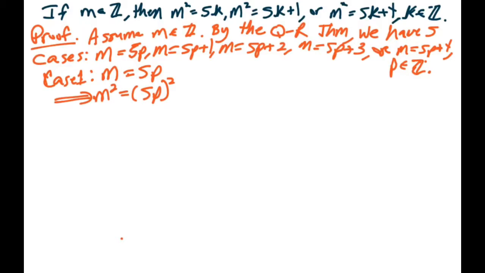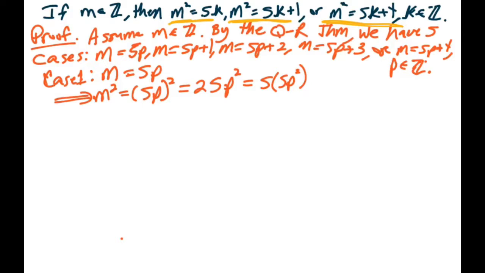All right, and again, my aim is to rewrite it in terms of one of these that we have up here at the top. And I think you can probably pretty easily see it's going to be the first one, but let's just go through and do it. Here we're going to have a 25p squared. And if I'm aiming to write it as 5 times something, I can certainly write this as 5 times 5p squared.